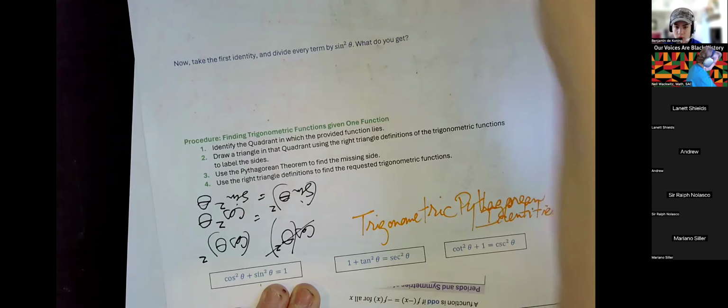So let's do that. I'm trying something different today. I've put all of the examples on the same page.